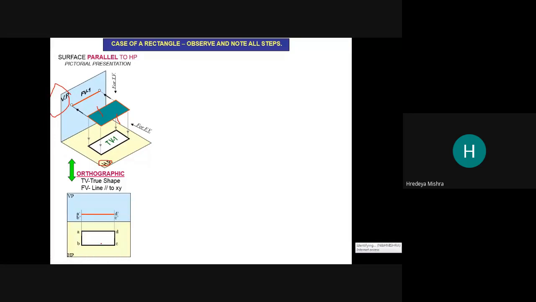Now in the horizontal plane we get ABCD, the exact true shape of the plane. So this is the first case.